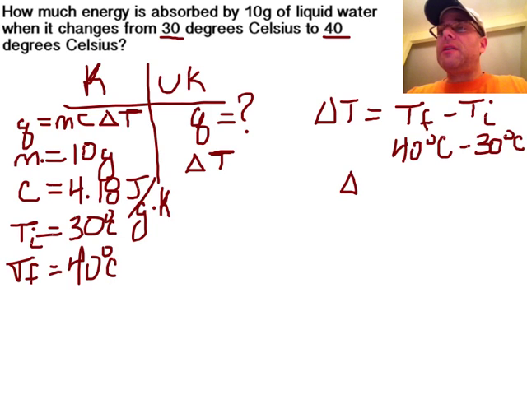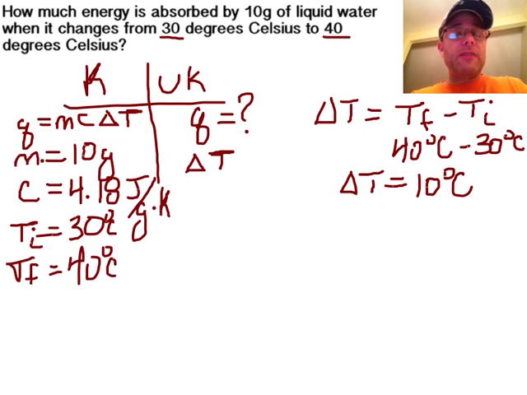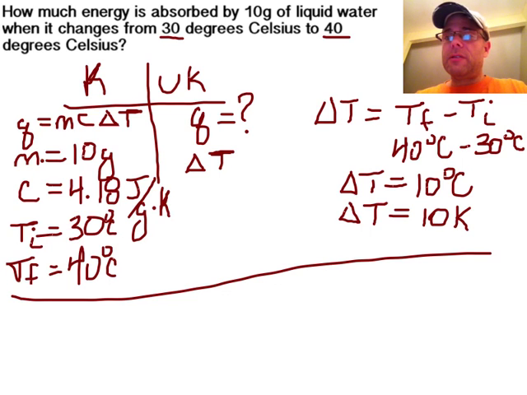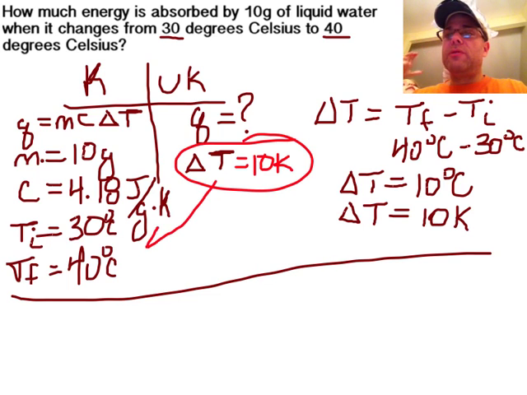The change in temperature is equal to 10 degrees Celsius. And as I said a moment ago, every single time you change 1 degree Celsius, you're changing 1 degree Kelvin. So our delta T is actually 10K. So how can we use this? Well, we do know now that that is 10K. So it moves over to there.